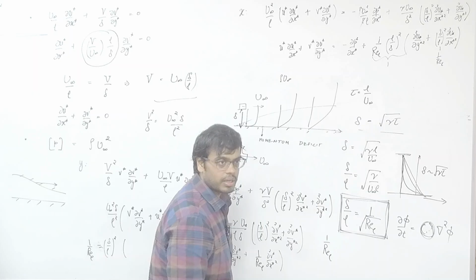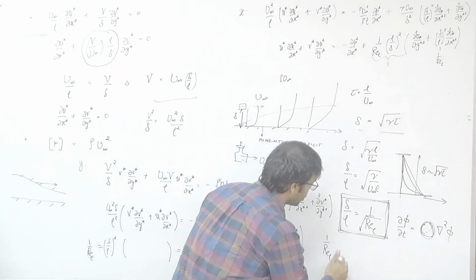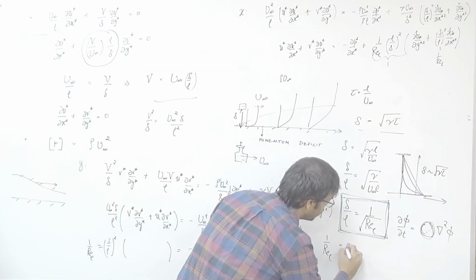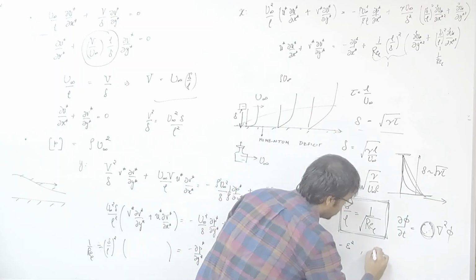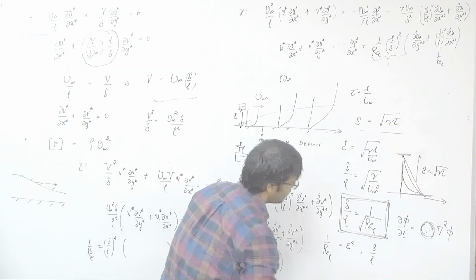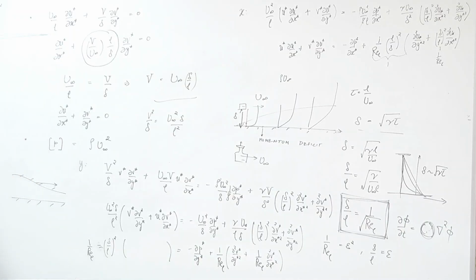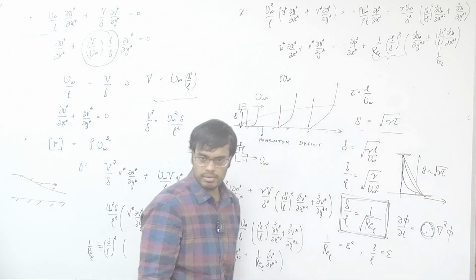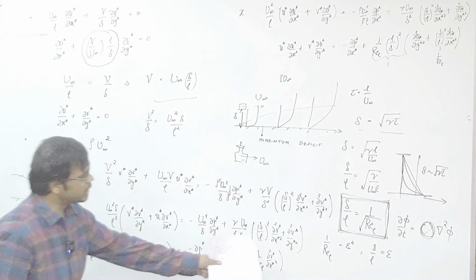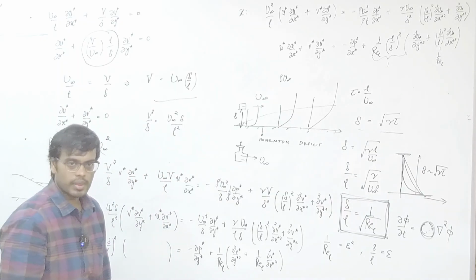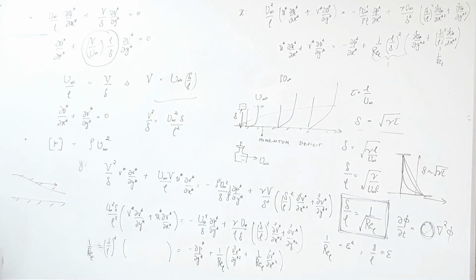If we write this as epsilon square, then delta by L is basically epsilon. So delta is essentially epsilon times L, where epsilon is 1 by square root REL. We have found a relation between the rescaled length scale delta and epsilon, so we are in a state of writing the inner solution equations.